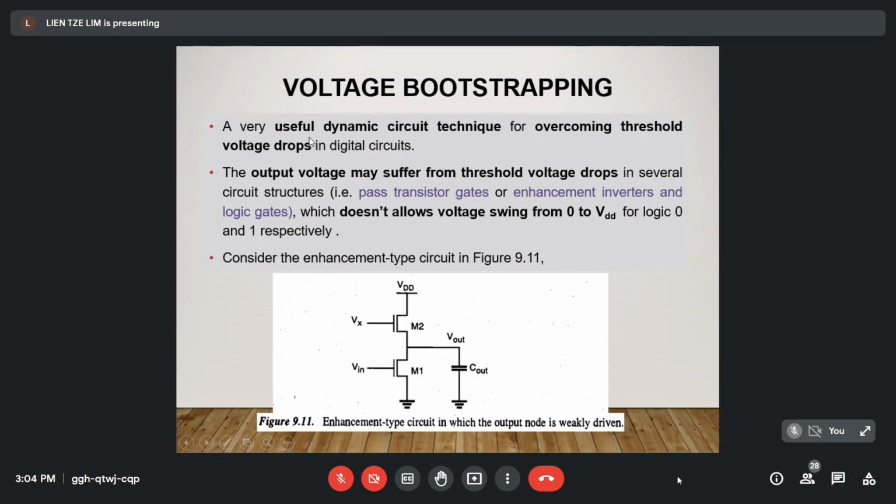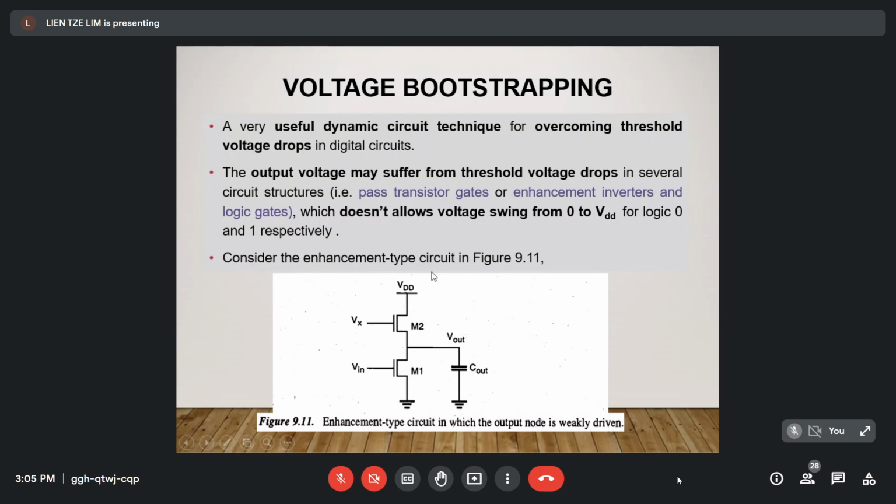Voltage bootstrapping is a very useful dynamic circuit technique for overcoming threshold voltage drop in digital circuits. The output voltage may suffer from threshold voltage drop in several circuit structures, for example pass transistor gates or enhancement inverter and logic gates, which do not allow voltage swing from 0 to VDD for logic 0 and 1 respectively.